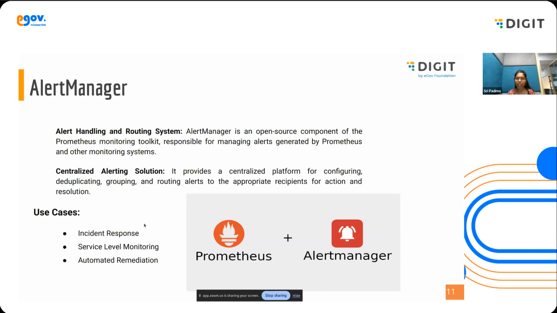So it is basically used for incident response. Suppose the environment has gone down, and all the pods have crashed for some reason. To take immediate action, we need an alert.